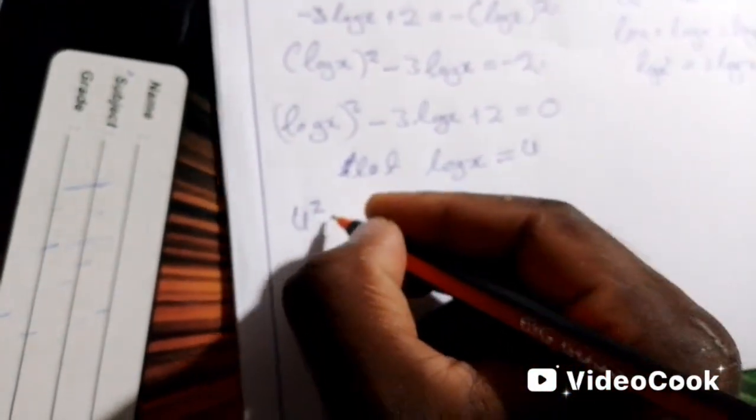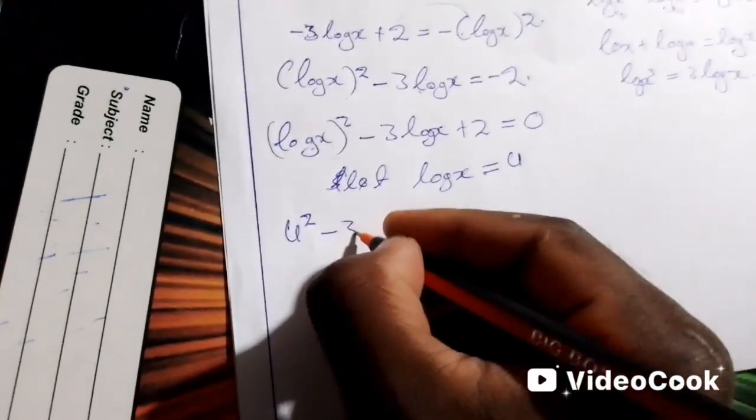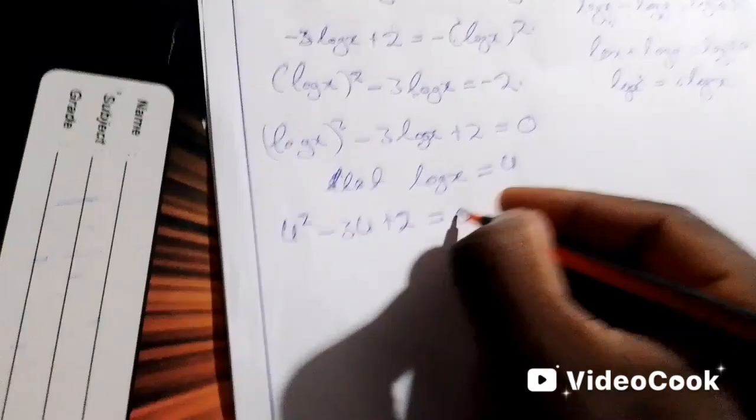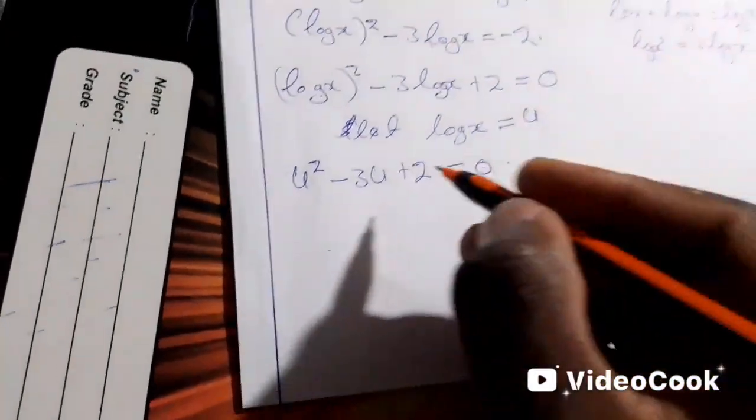So u to the power 2 minus 3u plus 2 gives me 0. That's a quadratic equation which I can solve.